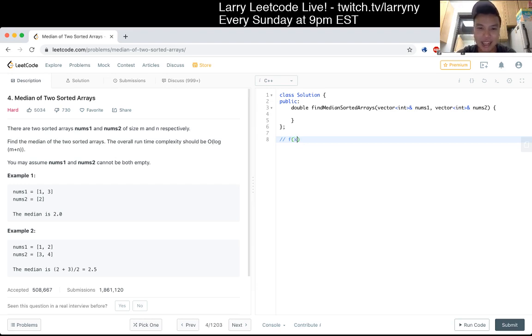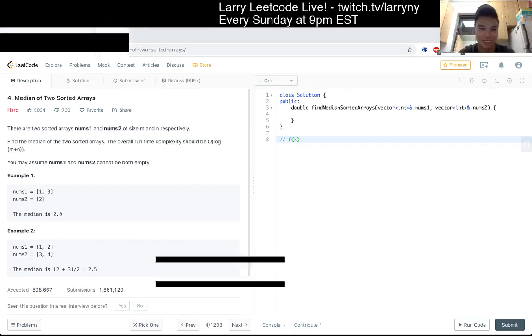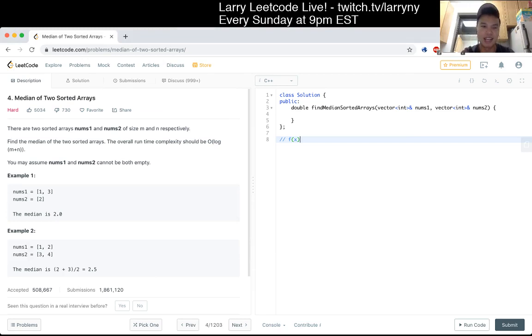We have some function f of x, and for bisection it just has to be monotonically increasing or decreasing. In this case, it's increasing. I always don't know which way the camera is, so my hand waving may be mirrored. But you could divide your search space in half every time, and therefore bisect the plane, and so forth.